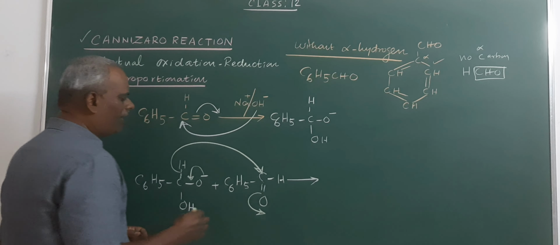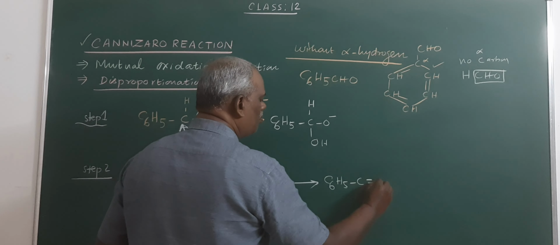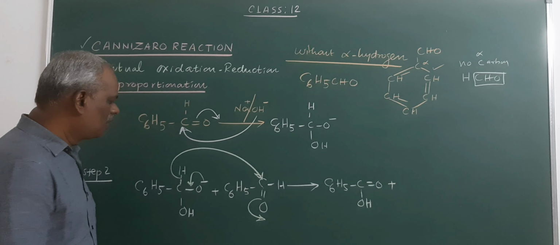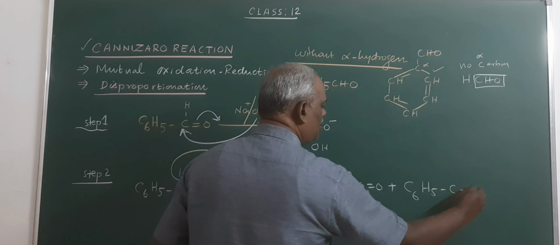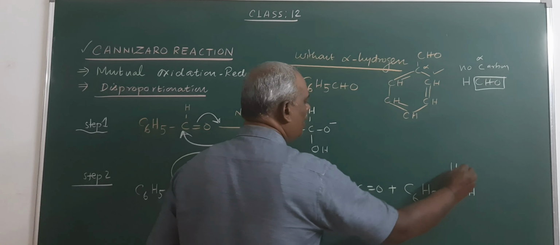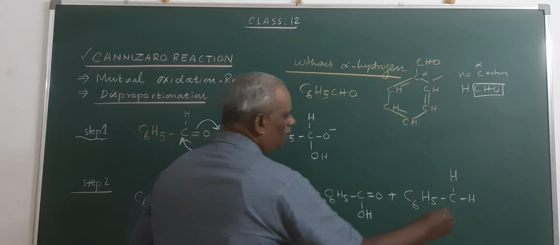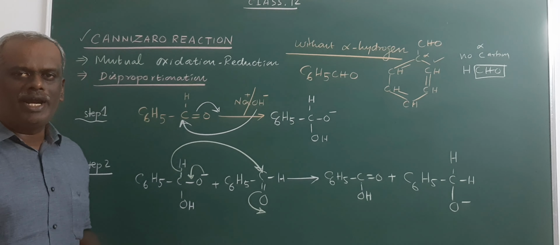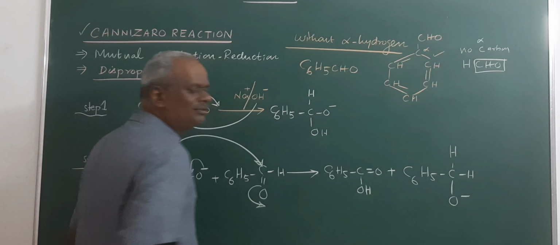Execute this change and find the product. We can have C6H5 C double bond OH. It becomes benzoic acid. And what about the other one? It becomes C6H5 CHH, the newly added hydrogen. This carbon is bonded with the hydrogen. The bond breaks up and oxygen is carrying minus. So at the end of the second step, we can have these two products.